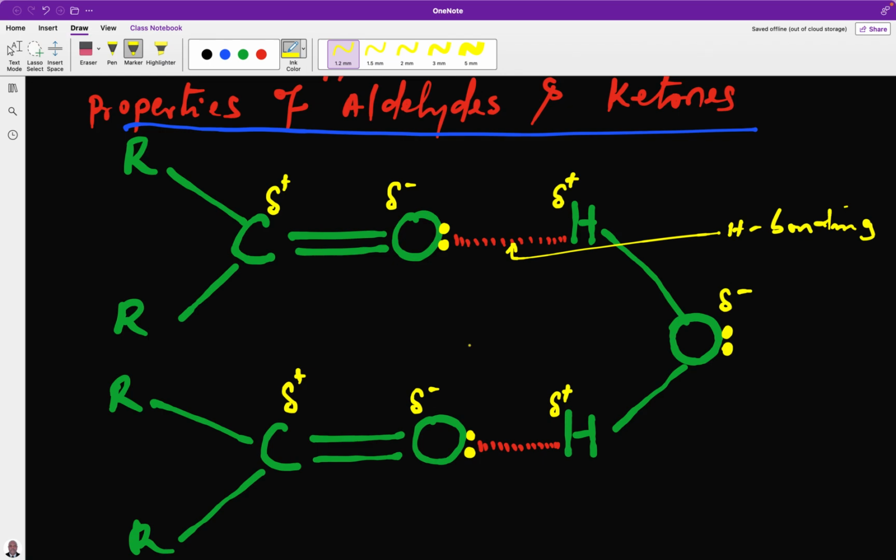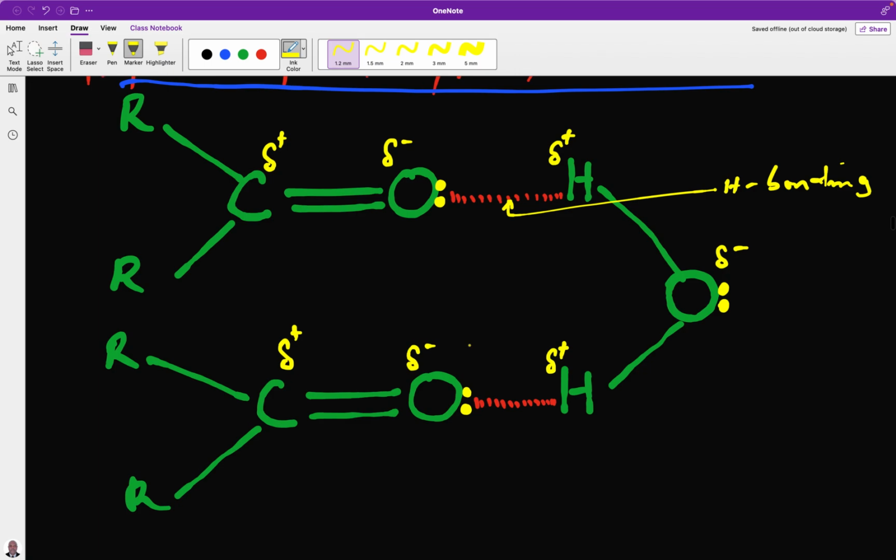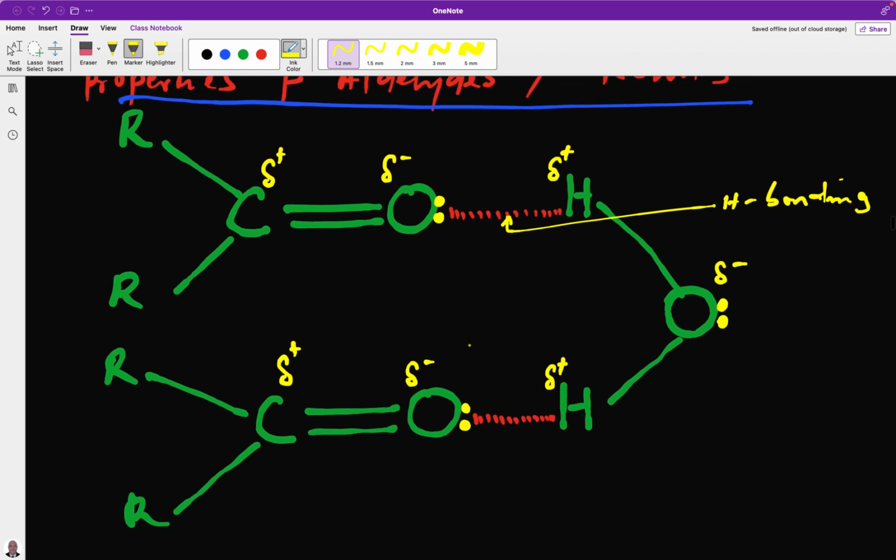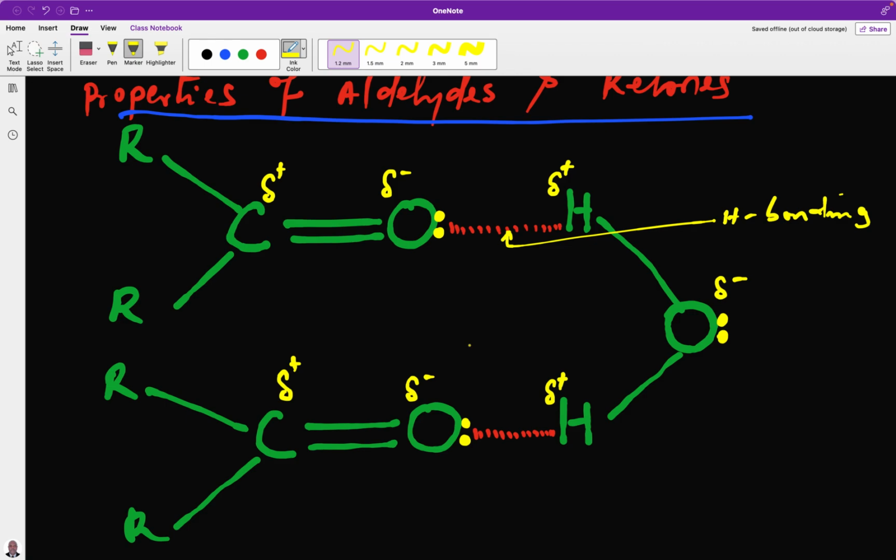But it should be noted that as the size of the ketone and the aldehyde increases, the solubility decreases, due to interference in hydrogen bonding by the hydrocarbon tails of the aldehydes and the ketones.